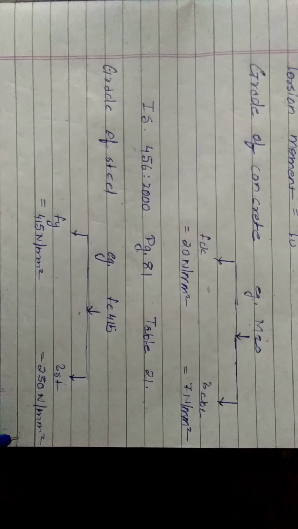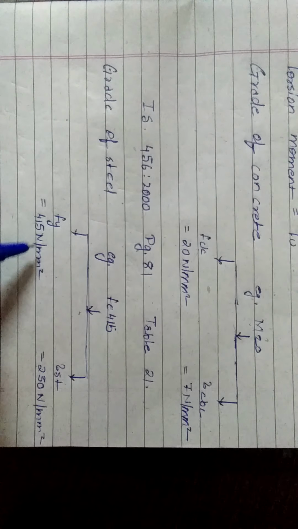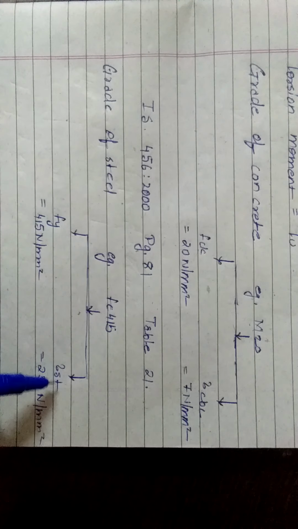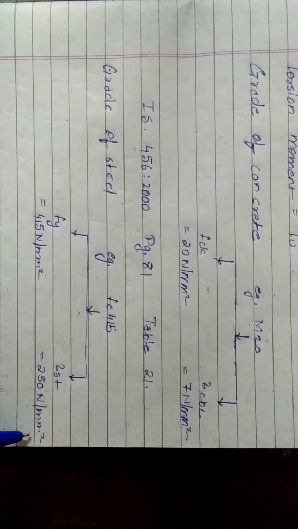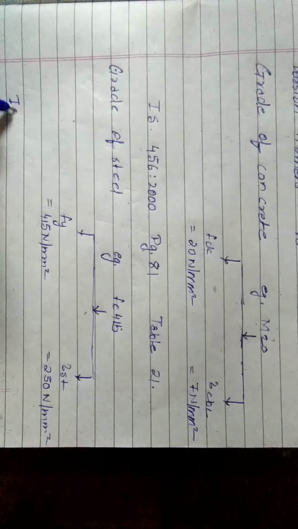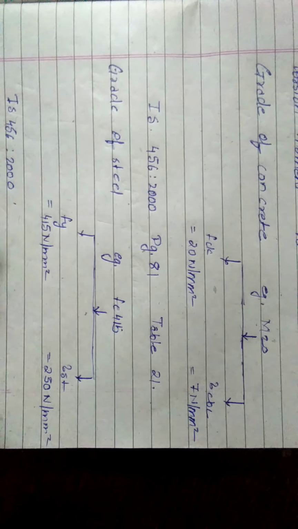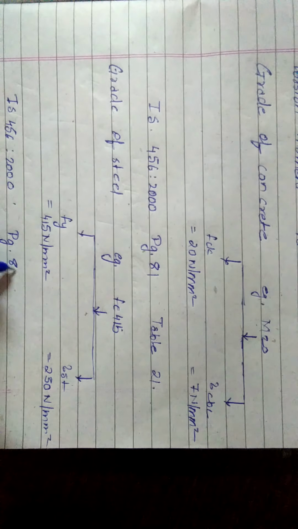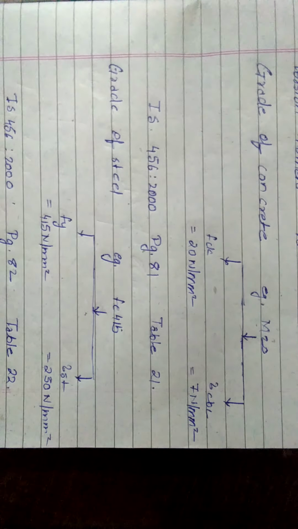Now you can ask me, sir, if the Fy value is 415 it is very easy to find, but how do we know that sigma St is 230 Newton per mm square? For this reason also we have to go to IS 456 2000, see page number 82, Table number 22.